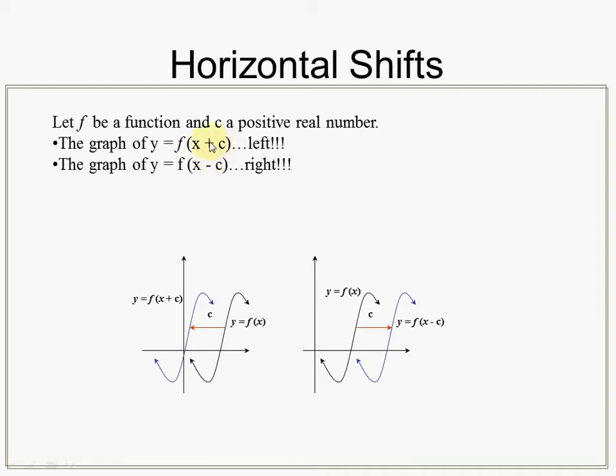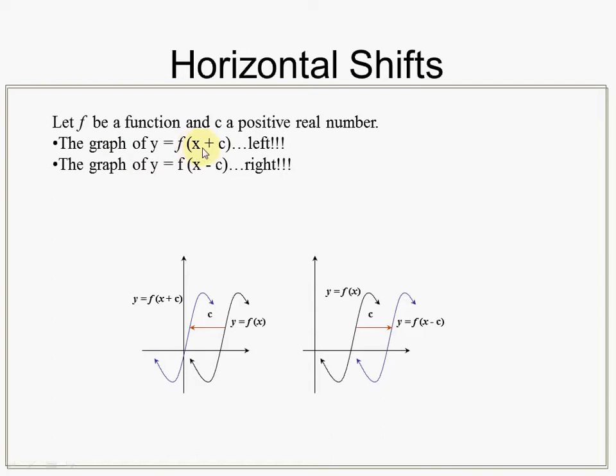Whenever you have the plus c or minus c within the function, like in this case, then we're going to move sideways, and you'll see an example of how you can identify whether the number is inside or outside. Because most of you are probably thinking, okay, you're telling me that that's a horizontal shift, but is it really that obvious? It is, and I'll show you.